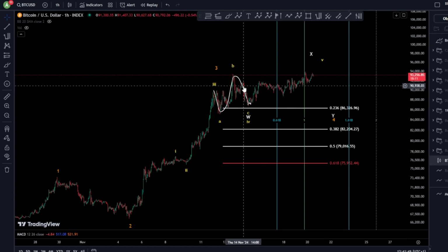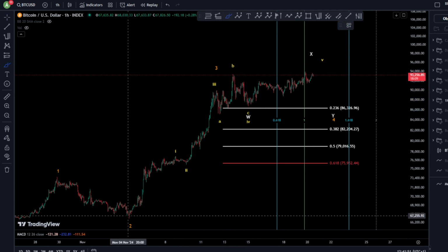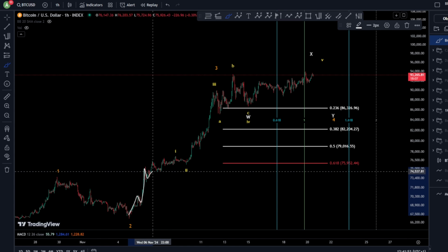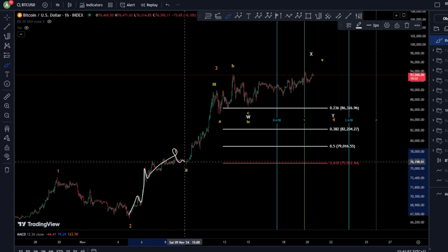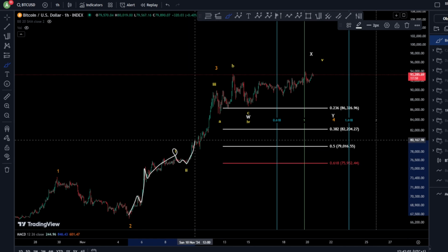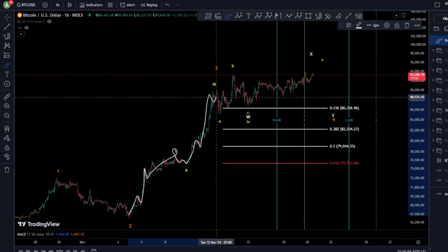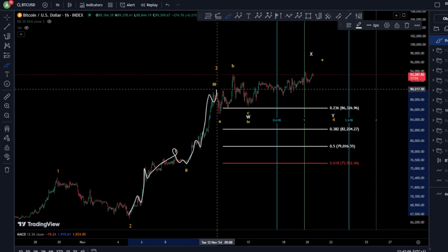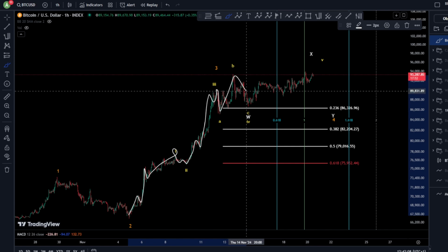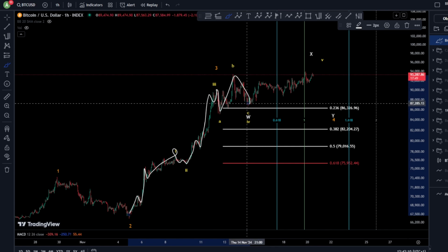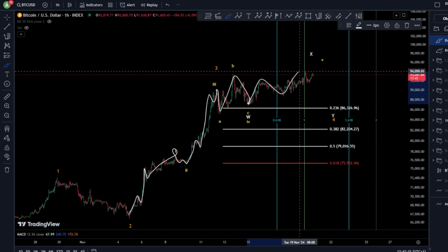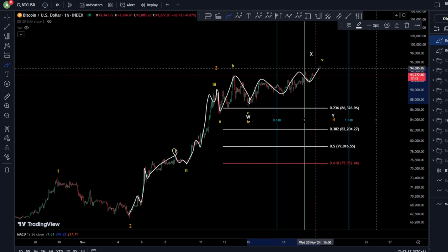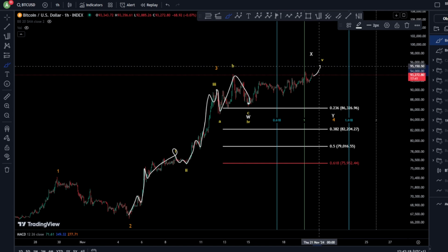That means you have finished here a 1, 2, 3, 4 and a 5 as an ending diagonal for your wave 1, and then just a very shallow wave 2 here, and then of course 1, 2, 3, 4 and a 5 for your wave 3, and then a big massive correction of course for your wave 4 here in the yellow scenario, and finally finishing as a diagonal, of course in case only that we take the high.